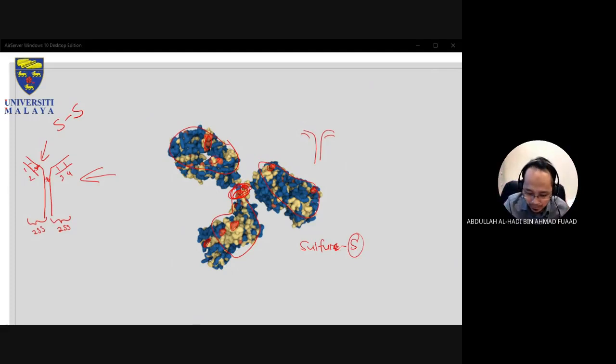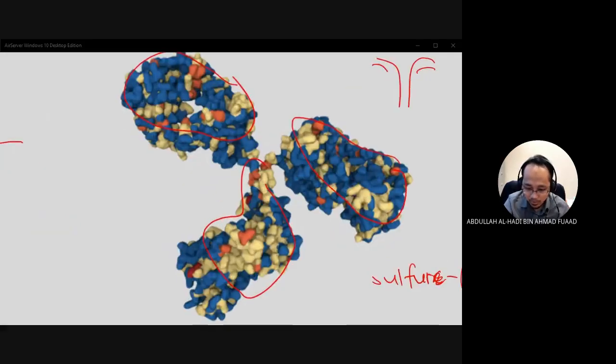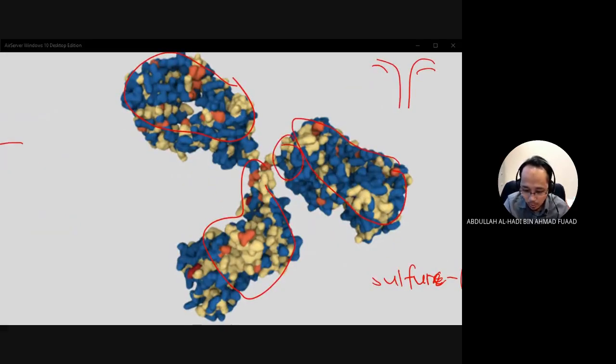So if you look at this image over here, there's no SS in the middle of these two, but there's one over there. So you know that the heavy chain actually goes like that, like a branching out.